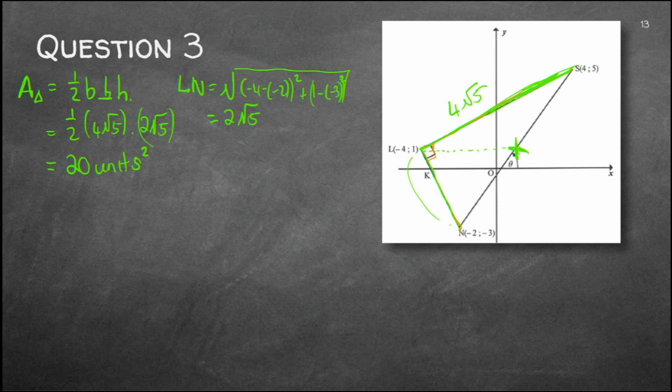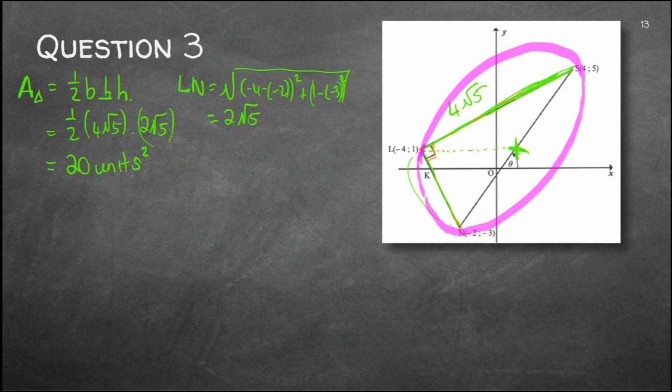Remember, we also learn from circles this year for the final exams, meaning we know that if that angle is 90 degrees, this is actually a circle, and that NS is the diameter. So I can do the following.